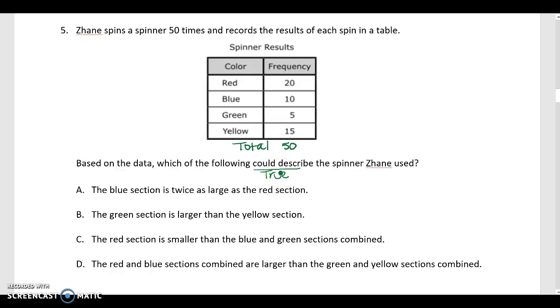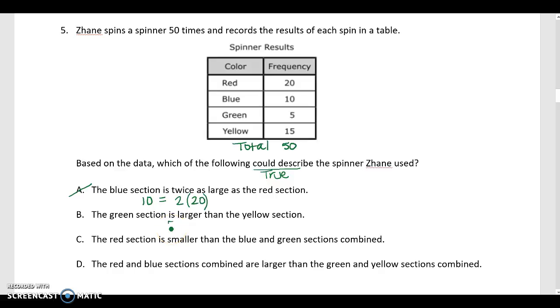Here it says the blue section, which is 10, equals twice as large as the red. So 2 times the red. Well, 10 is not equal to 2 times 20, so it can't be that one. The next one says the green section is larger than the yellow.